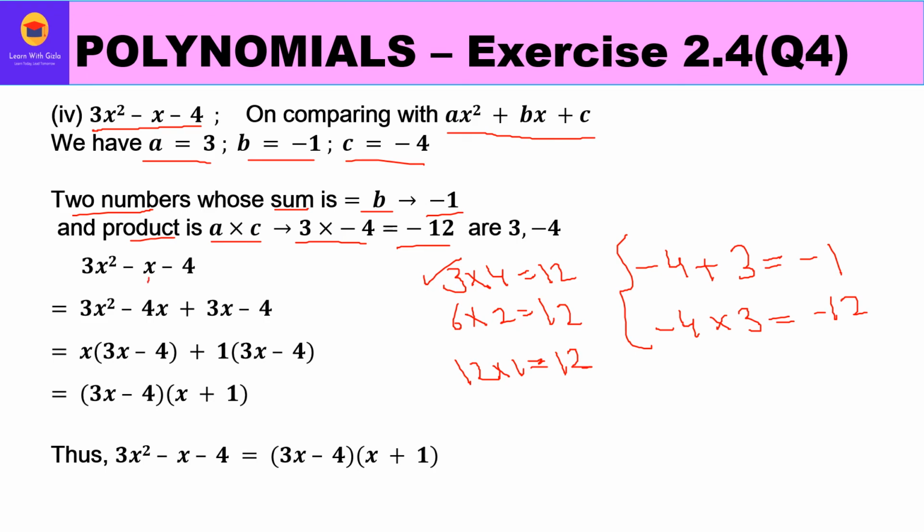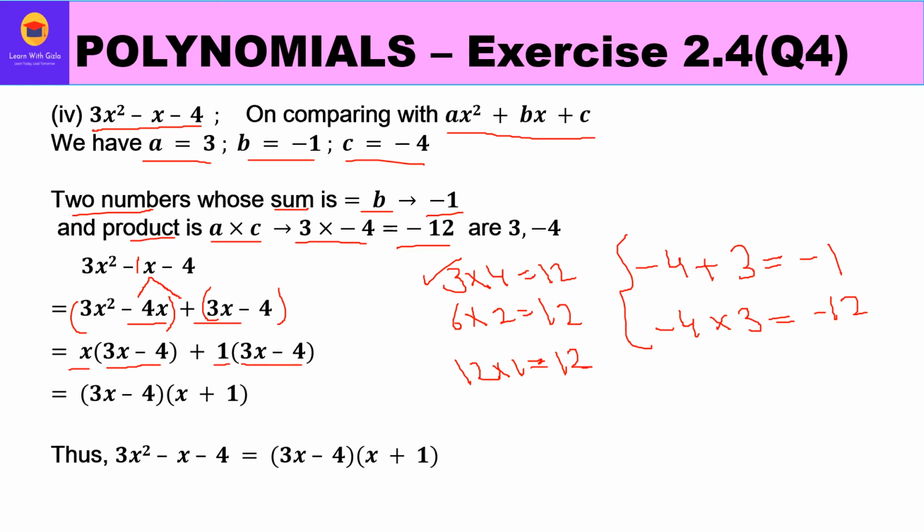So accordingly, we will split the middle term, that is minus x. Minus x means minus 1 x, which we have split as minus 4x and plus 3x. Right. Now these pairs we will form and take out the HCF. So the HCF of the first pair is x, in the bracket we will get 3x minus 4, and over here only 1 is common. So inside the bracket we are left with 3x minus 4.